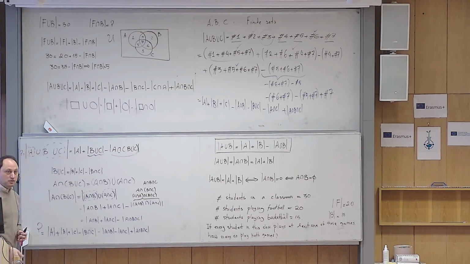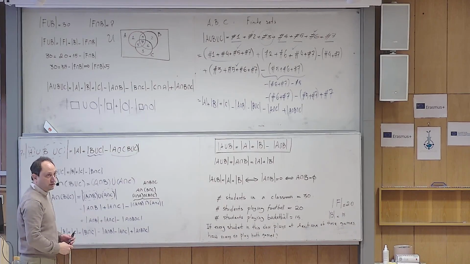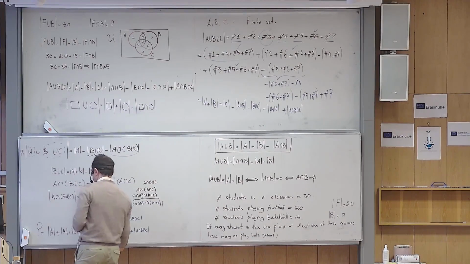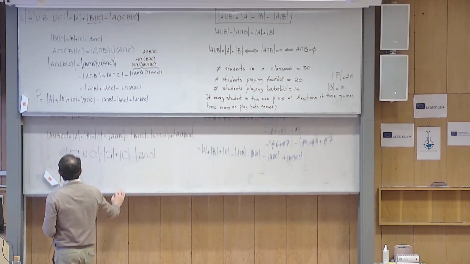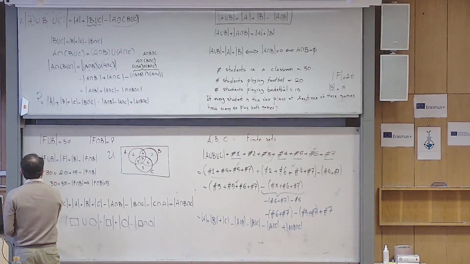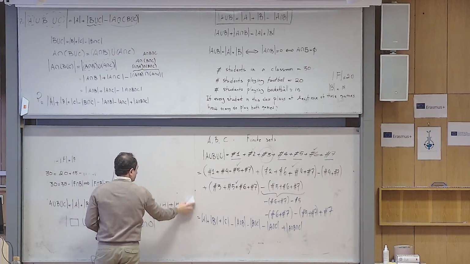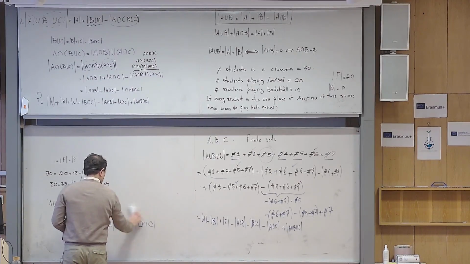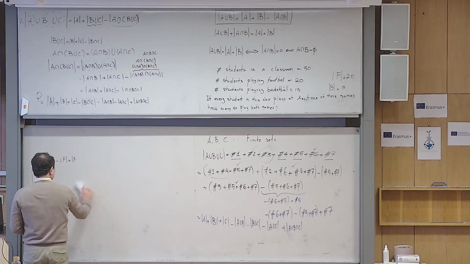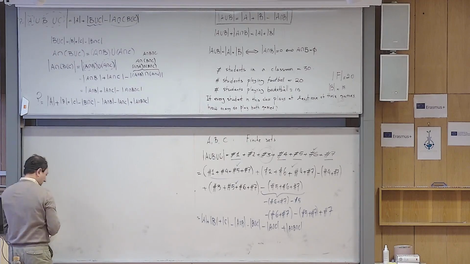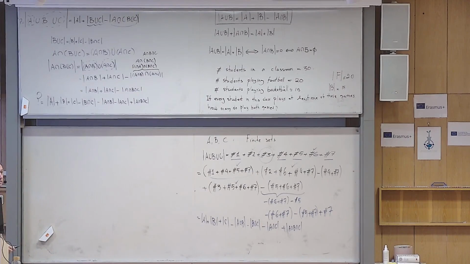Now, do you have an intuition for what the formula for 4 sets looks like?